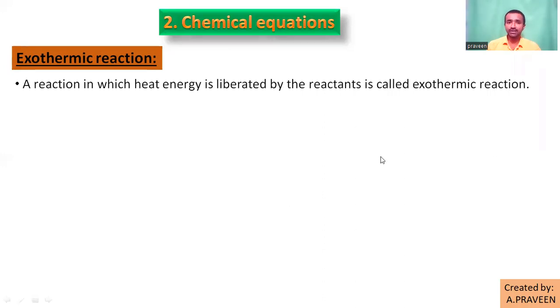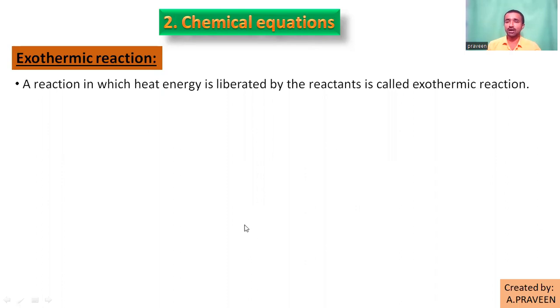Right? So here, simply, exothermic reactions in our day-to-day life are heat producing, burning processes. For example, in the winter season, we can burn wood or fuel to produce heat energy.